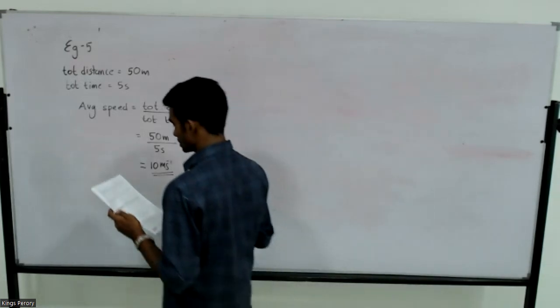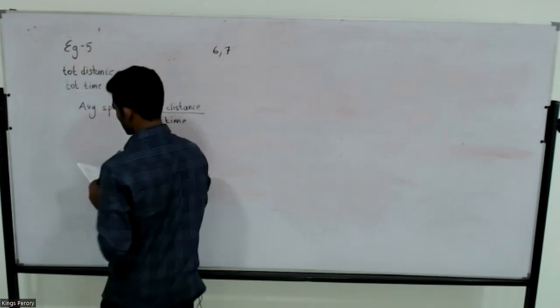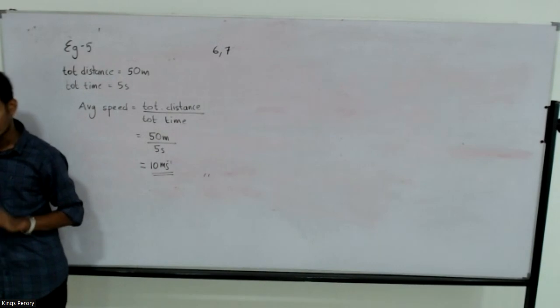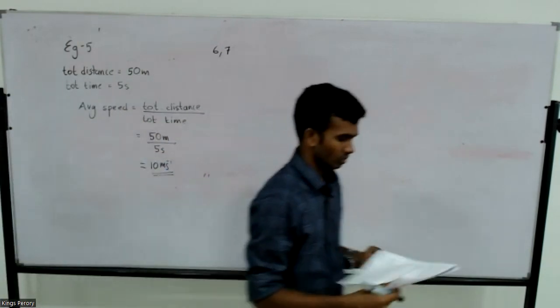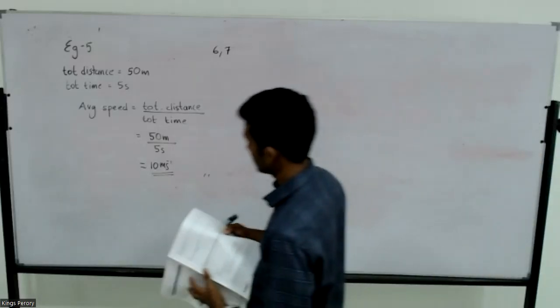Do question number 6 and 7. Before starting, just a reminder. 1 kilometer equals how many meters? 1000 meters. Use that. Do question number 6 and 7, and send me the answers.